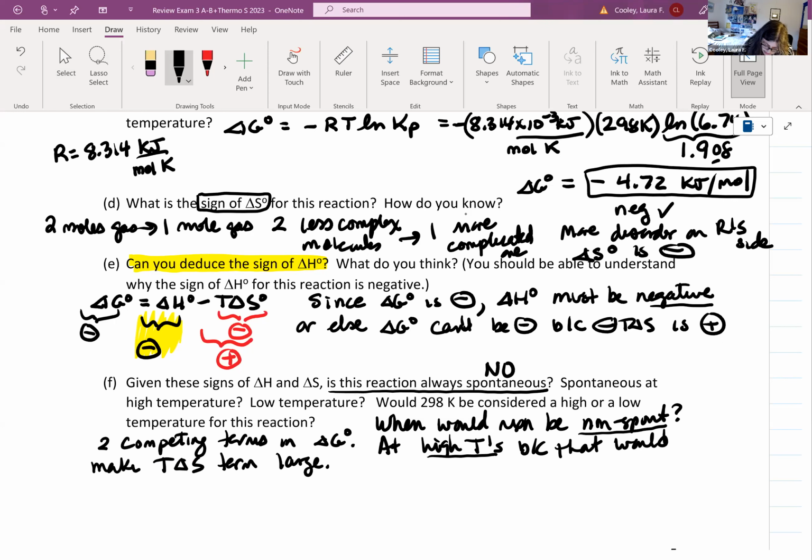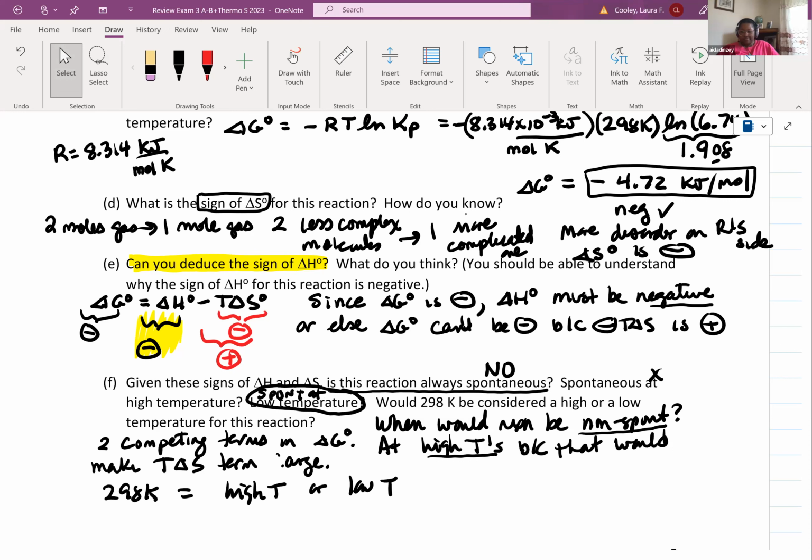So no, it's not spontaneous at high temperature. It's spontaneous at low temperature. So with 298 Kelvin, is that a high temperature or a low temperature? Based on this conversation.